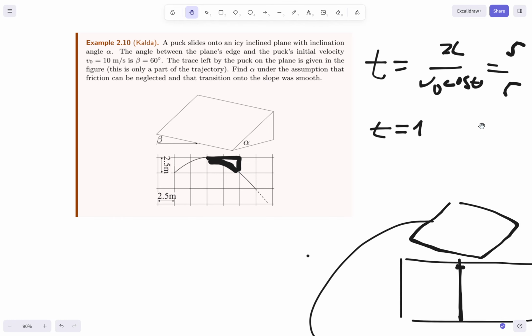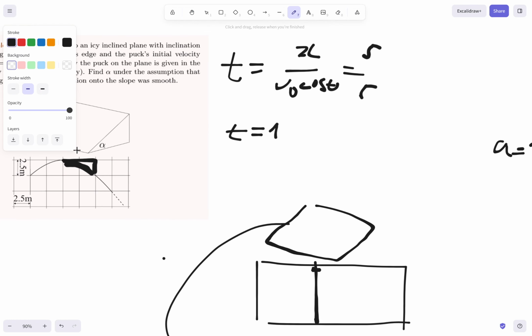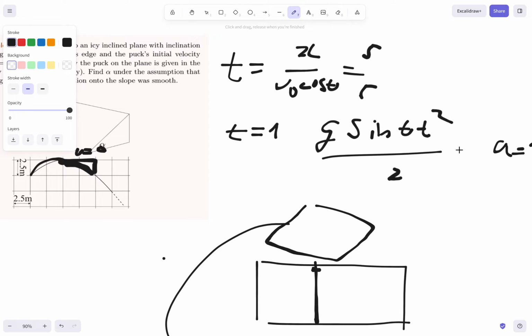And now from there, all we do is, look, it peaks here, right? V equals 0, so it's from rest. So we can do g sine alpha t squared all over 2 equals 2.5. And t is going to be 1.